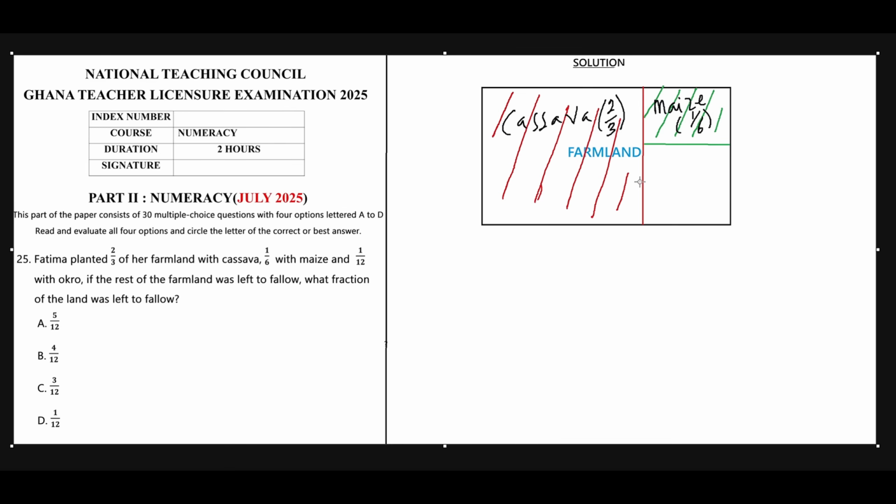So this is for okra. This portion, okra, 1/12. And the remaining portion was left to fallow. That is, it was left to rest for some time.